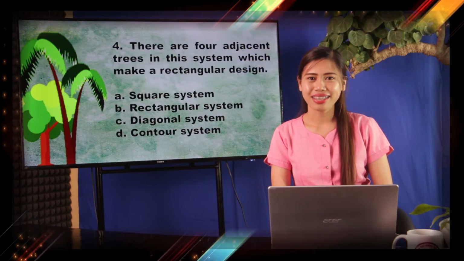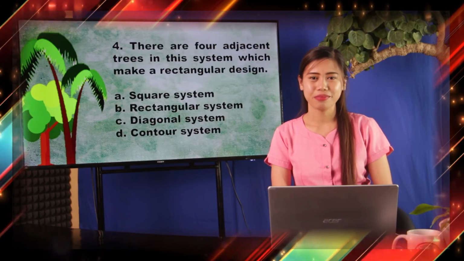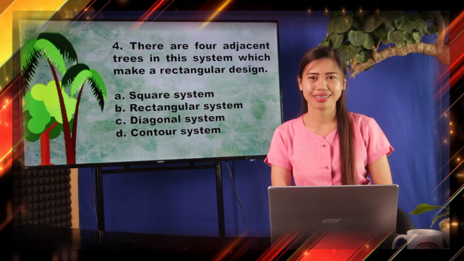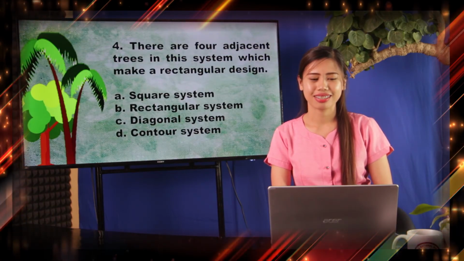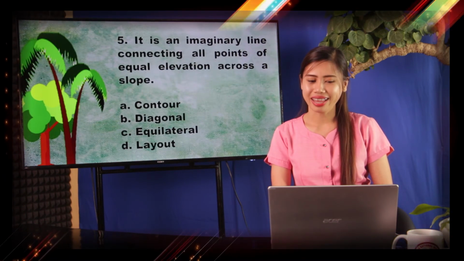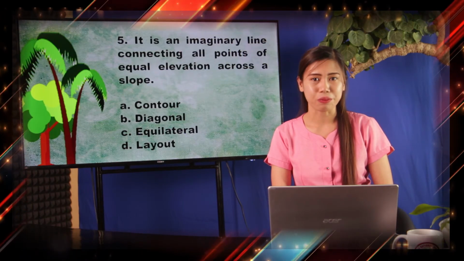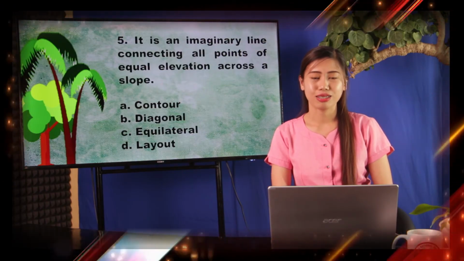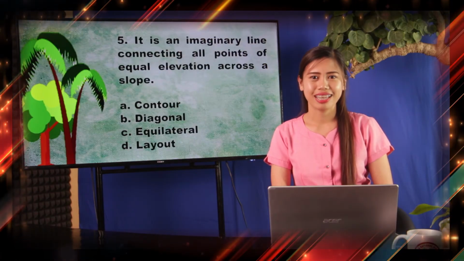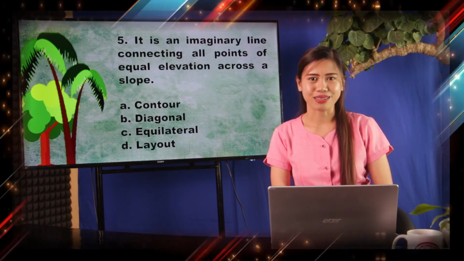B. Rectangular system. C. Diagonal system. D. Contour system. Number 5. It is an imaginary line connecting all points of equal elevation across a slope. A. Contour. B. Diagonal. C. Equilateral. D. Layout.